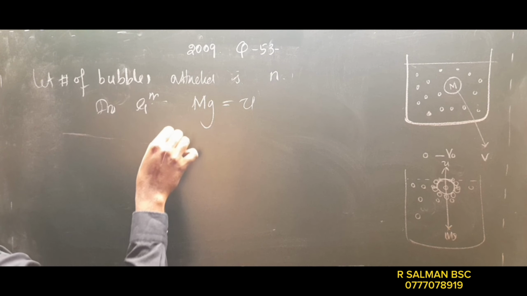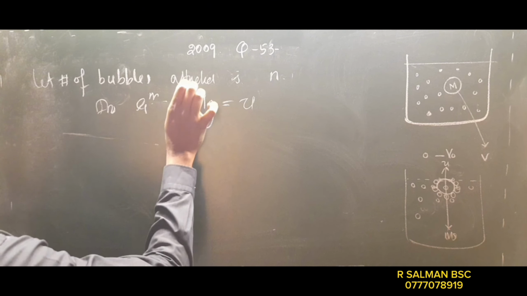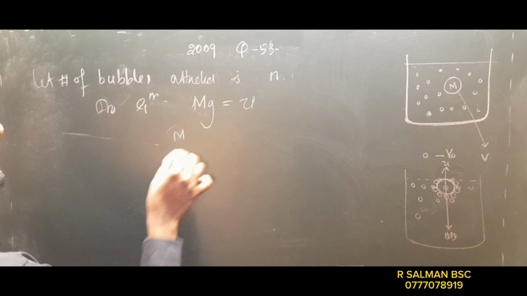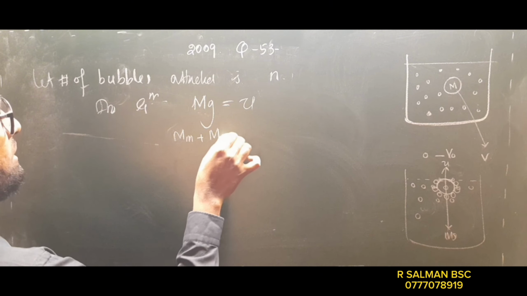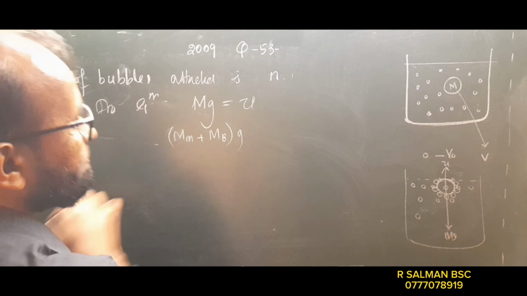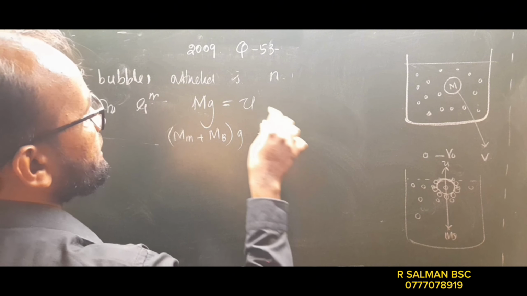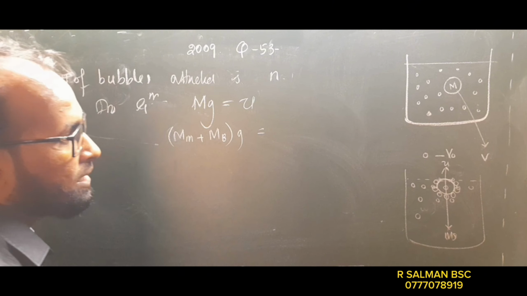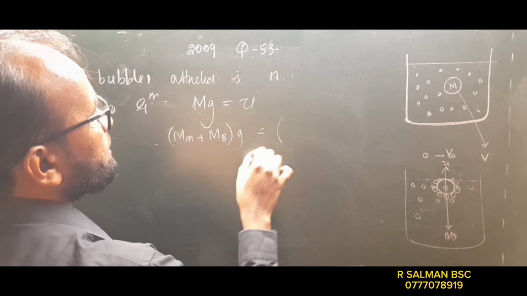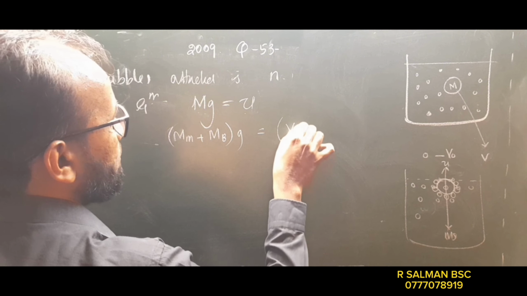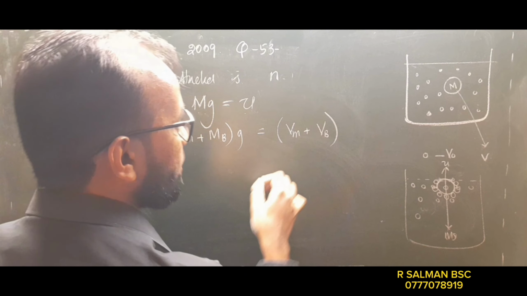Weight means the total weight, which is the weight of the metal plus the weight of the bubbles, equals the upthrust. Upthrust means the immersed volume, which is the volume of the metal plus the volume of the bubbles, not only one bubble.